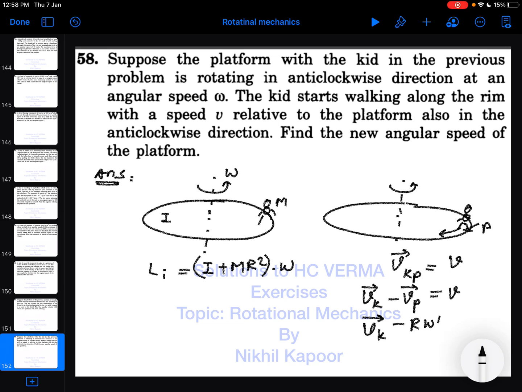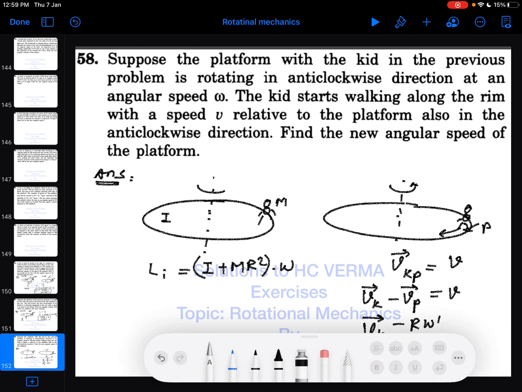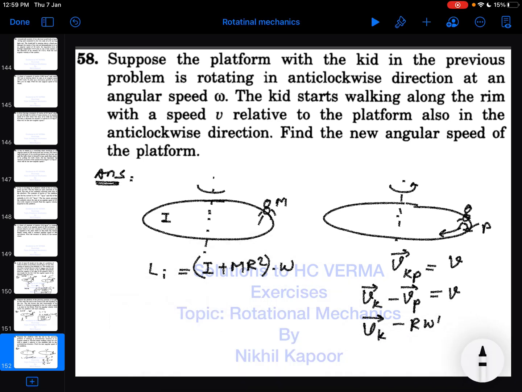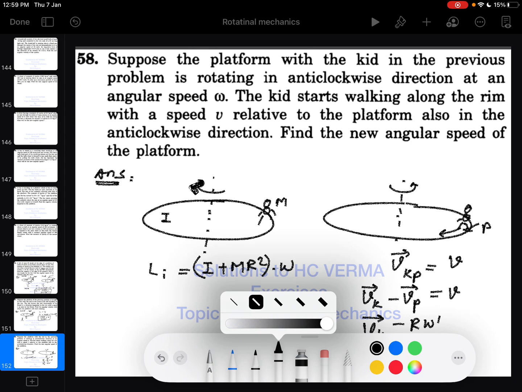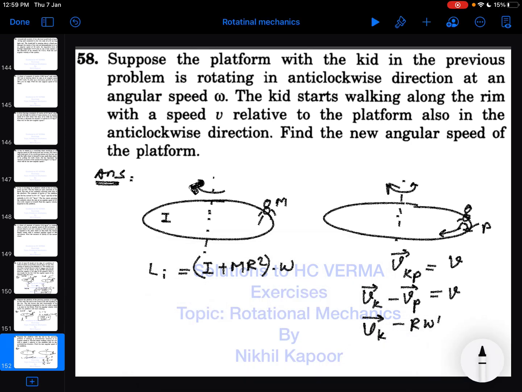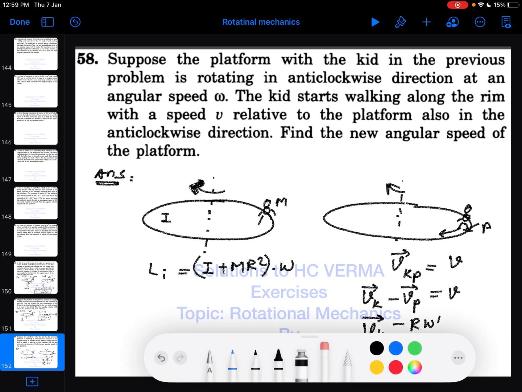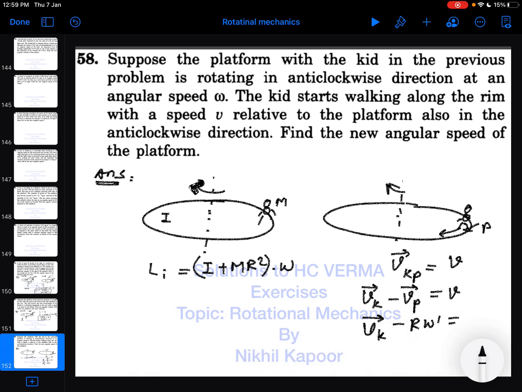As the platform is rotating anti-clockwise, I have taken the direction wrongly here. It is rotating in the anti-clockwise sense, so this will also go in the anti-clockwise sense here also. Like this. So it will be v. So the net speed of the kid will be equal to v plus r omega dash.